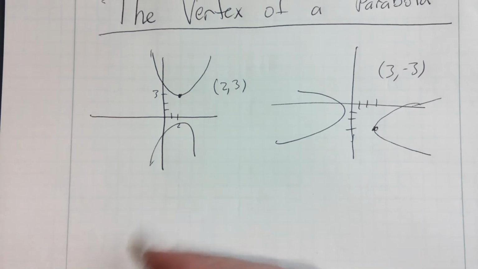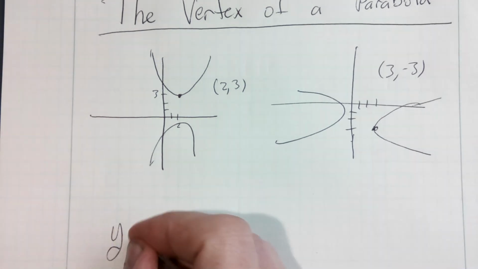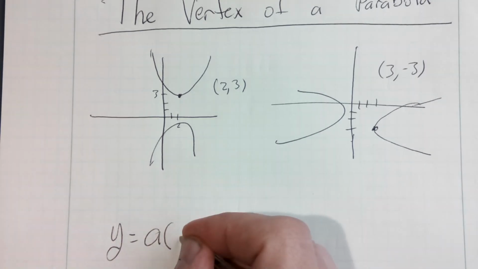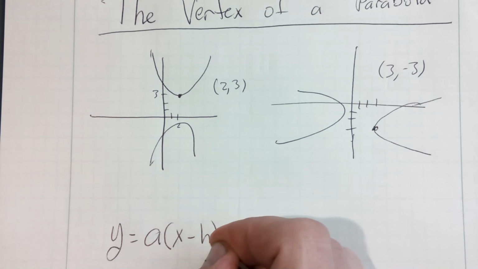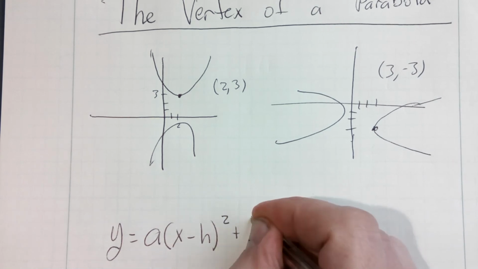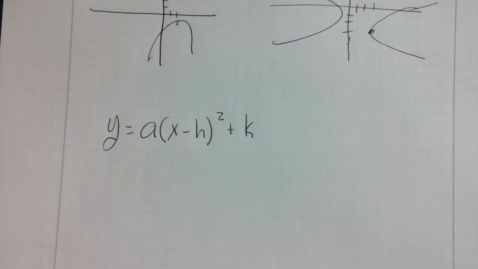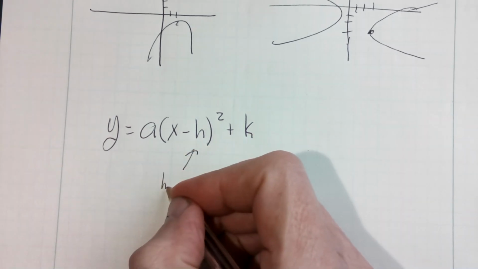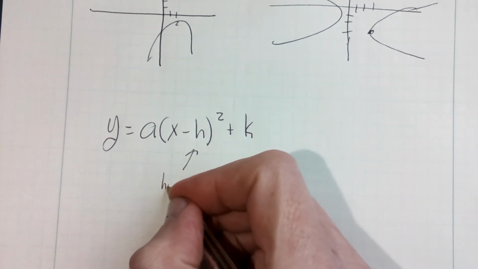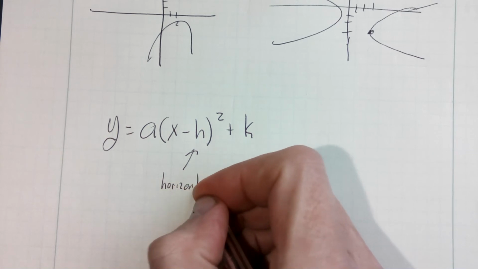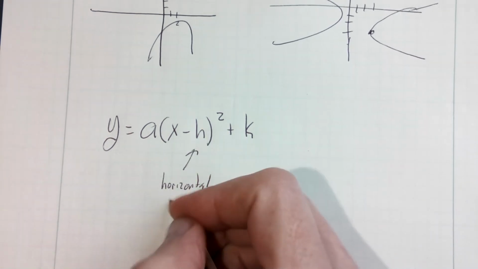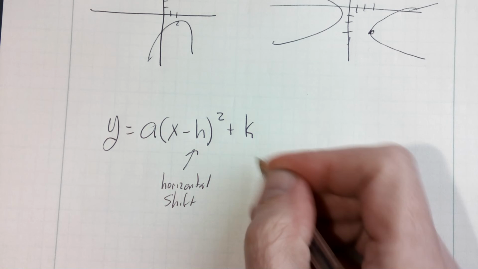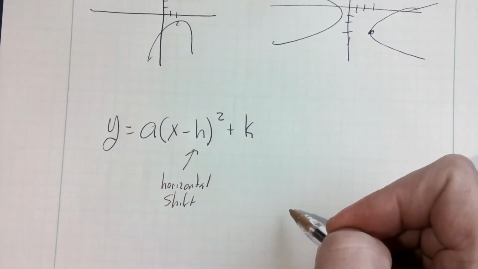For the ones that are opened up and down, the vertex form of the equation is y = a(x - h)^2 + k, where h is the horizontal shift, because it's also called transformational form, but it's also the x coordinate of the vertex.